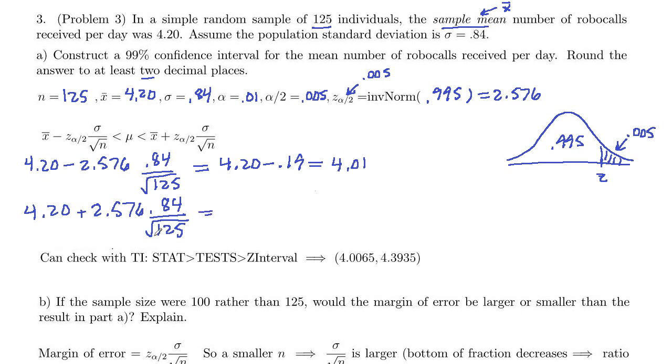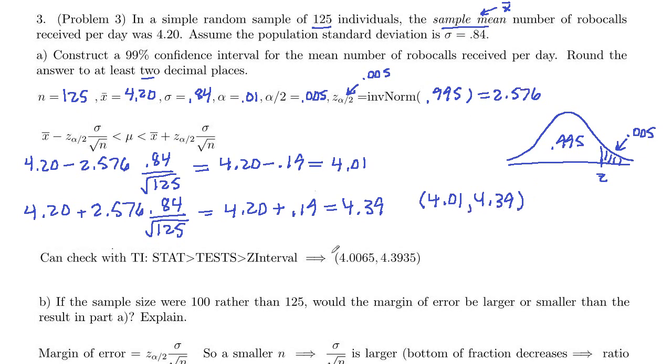And then down here, this is again 0.19, so 4.20 plus 0.19, which is 4.39. So lower limit and upper limit for our interval. So we would write that interval as 4.01, comma 4.39. So we're 99% confident that our population mean number of robocalls is between 4.01 and 4.39.